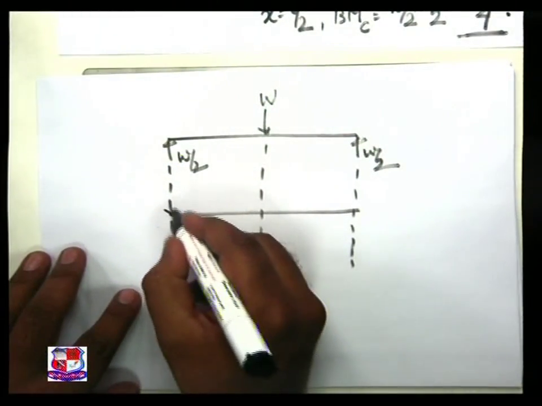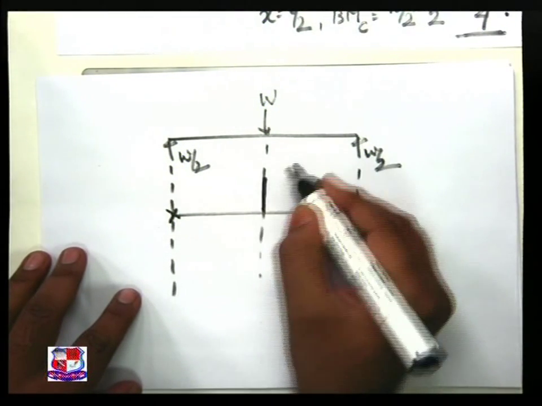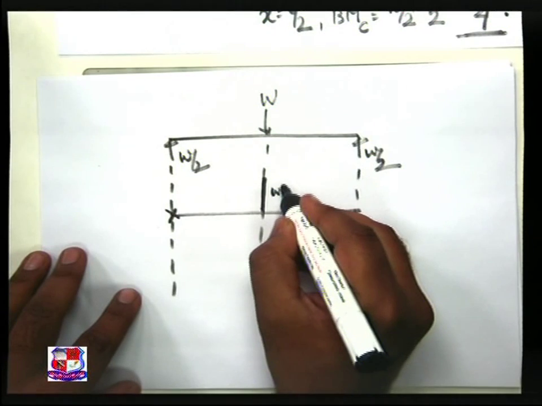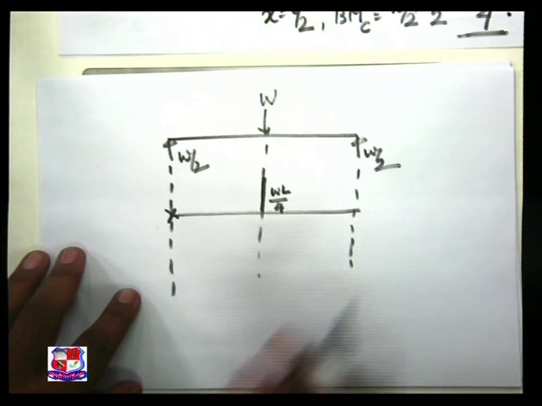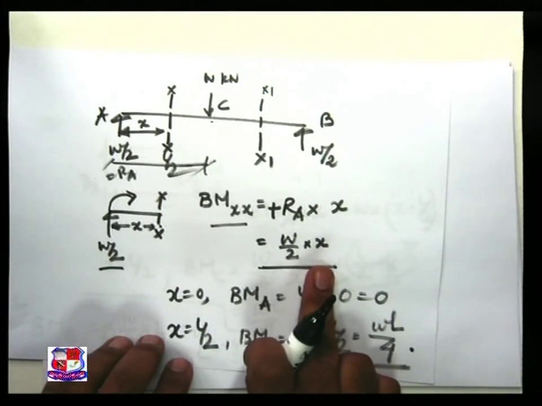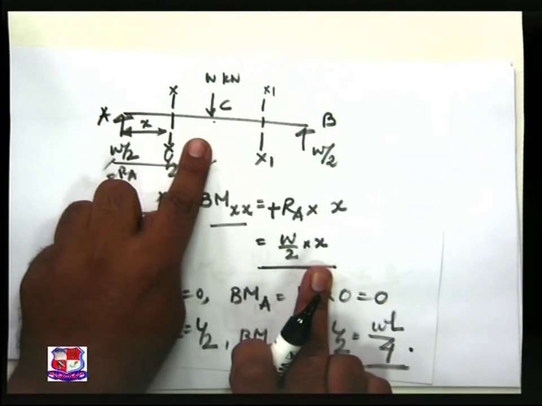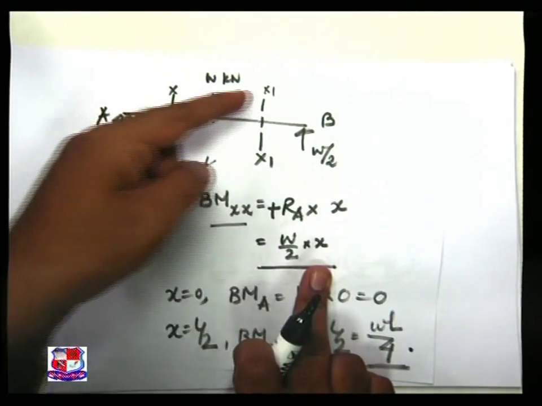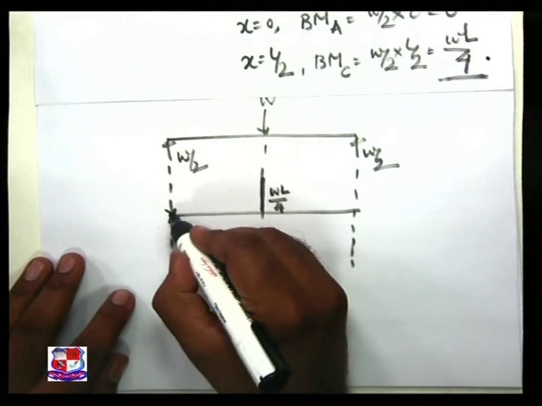So here, this ordinate is WL by 4. Just observe the equation, W by 2 into x: x is 0, value is 0; x is L by 2, it is WL by 4, linearly varying.